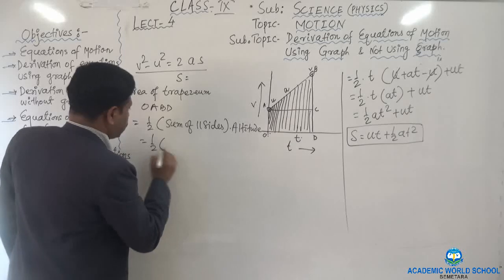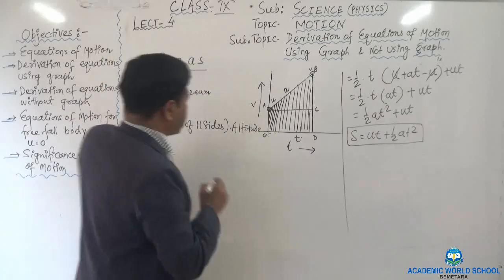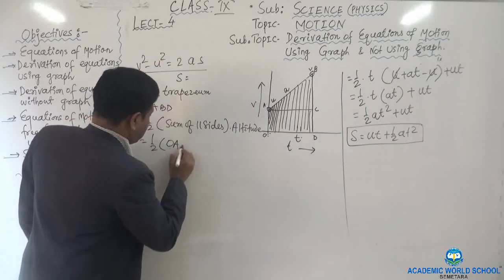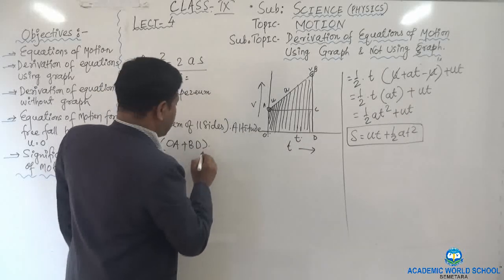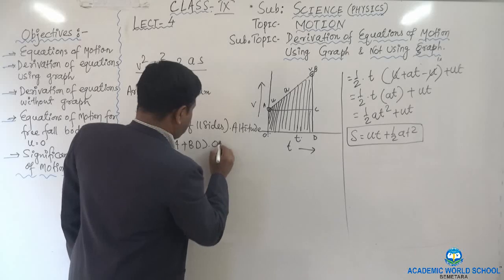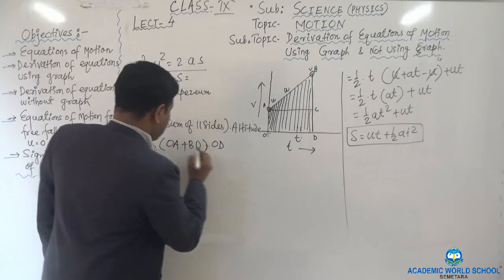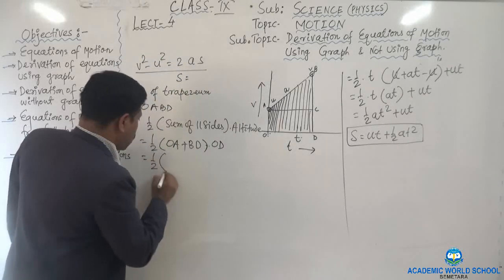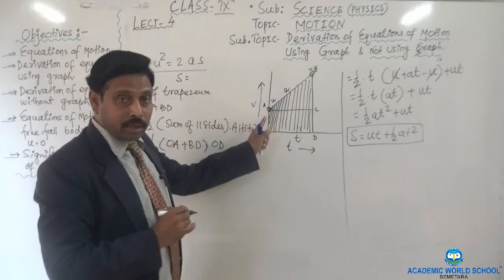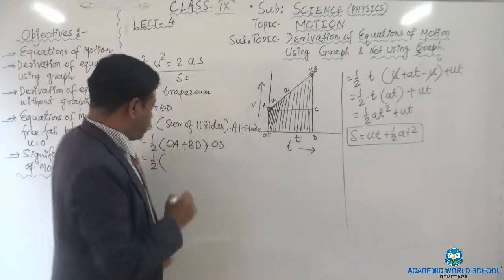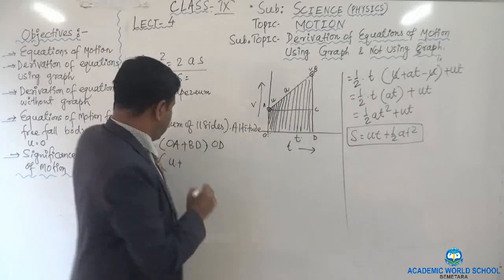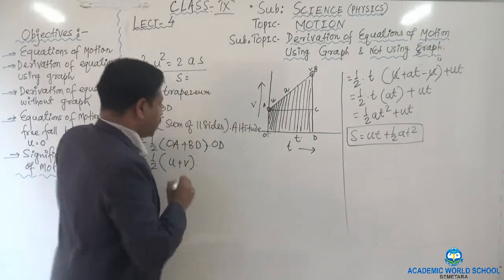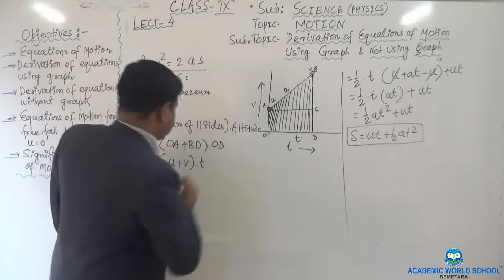Half into sum of the parallel sides means OA plus BD into altitude. Altitude is OD, right? Now, what is your OA? I told you it is your U. BD is your V. So U plus V into OD, which is the time T.